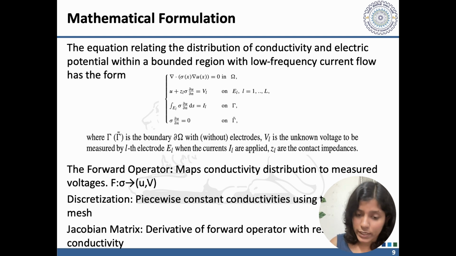The forward operator is basically an operator that maps conductivity distribution to measured voltages, as we can see here. And there is discretization, that is, piecewise constant conductivity using the mesh analysis. Then we get the Jacobian matrix, that is the derivative of the forward operator with respect to the conductivity.